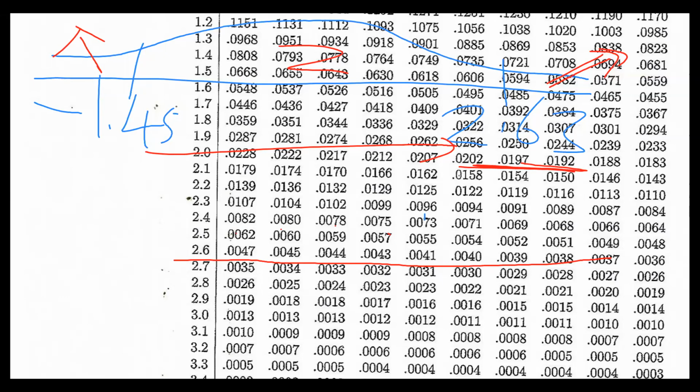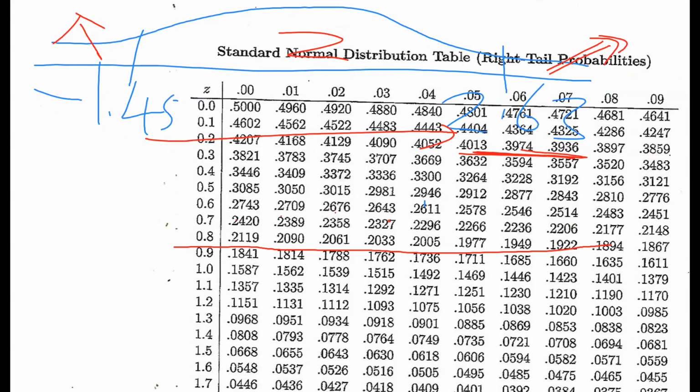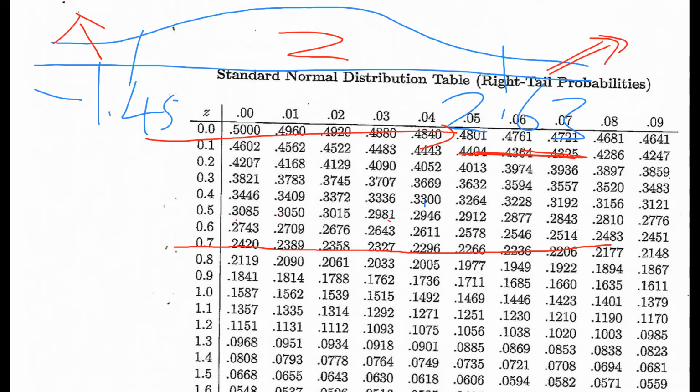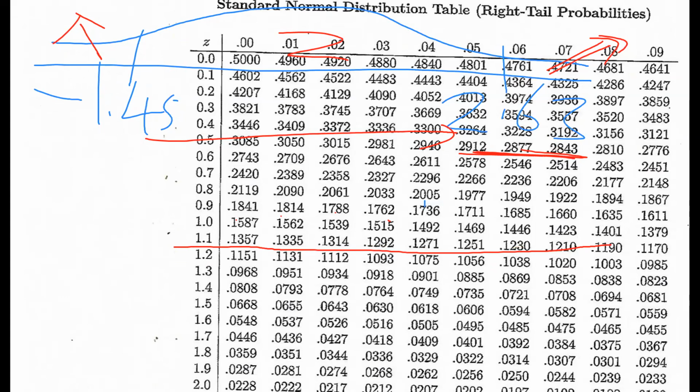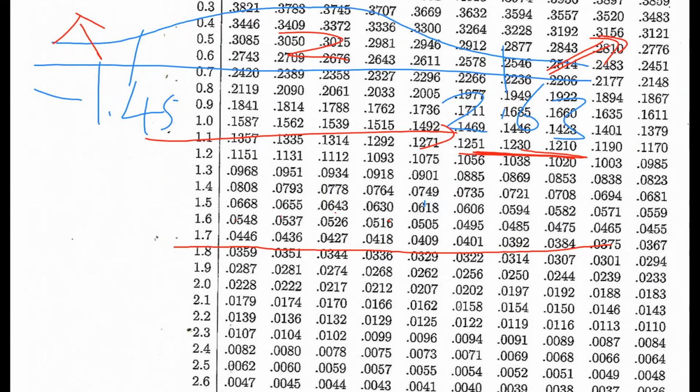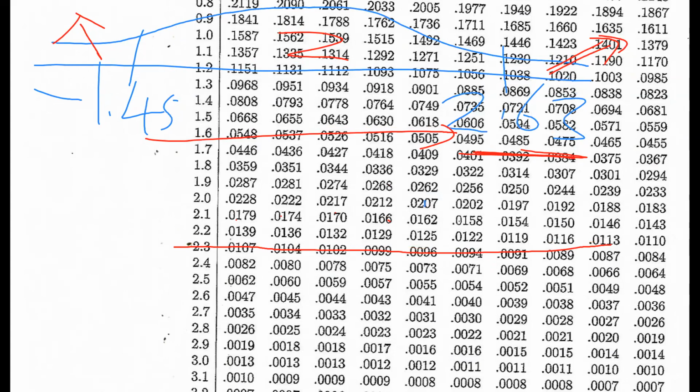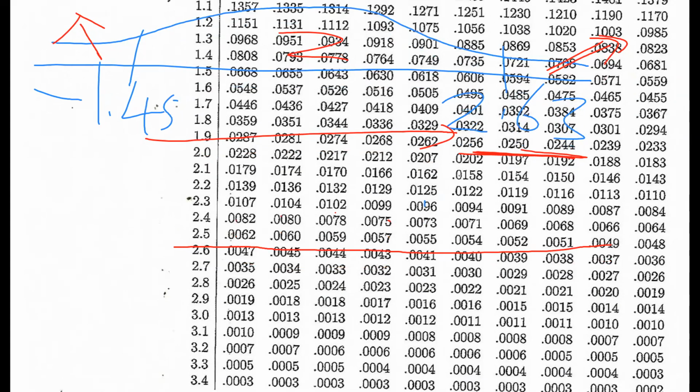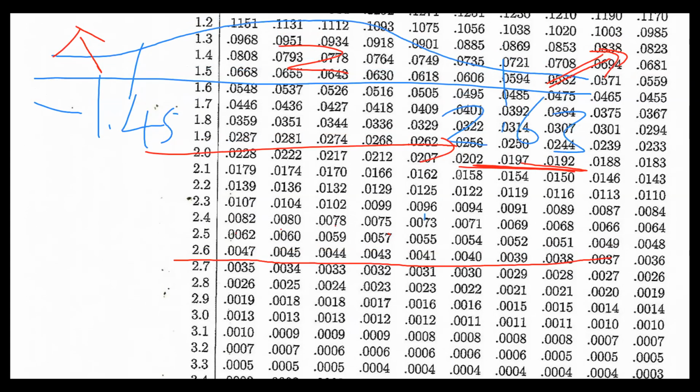Let's check on top. 2.6 in this line, and 0.03 there. Have you seen where it is? Yes. 0.0043. So it is this one. 0.0043.